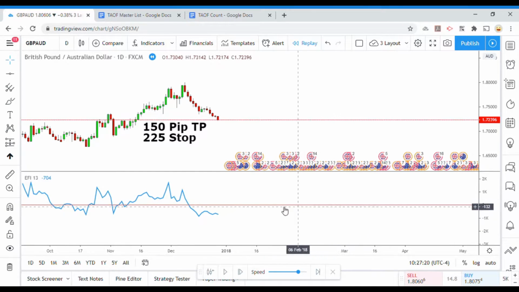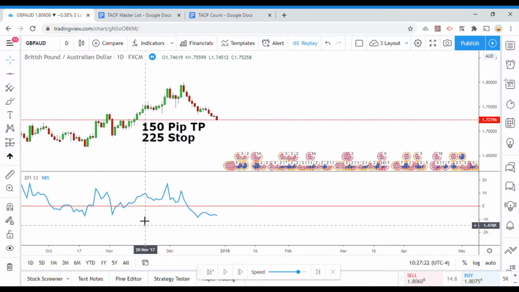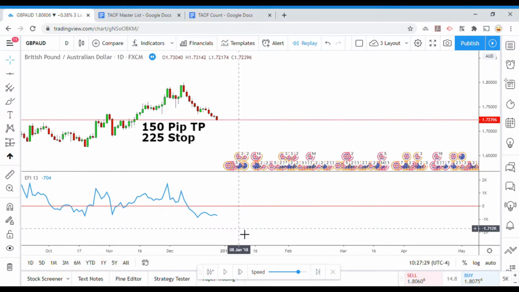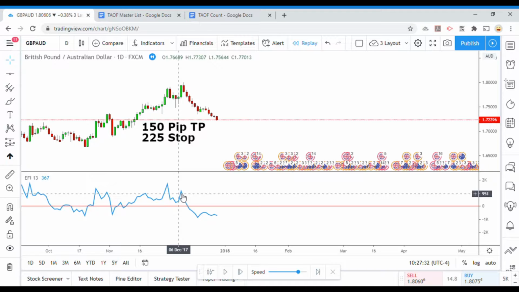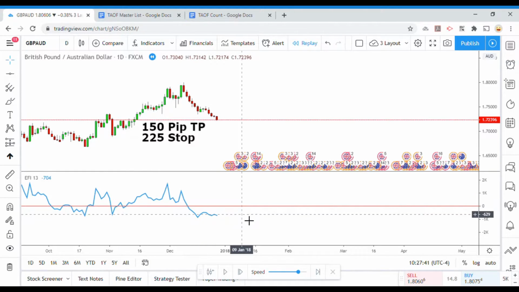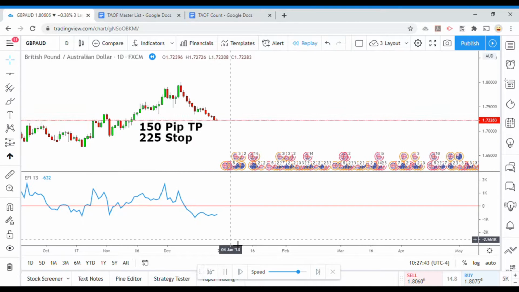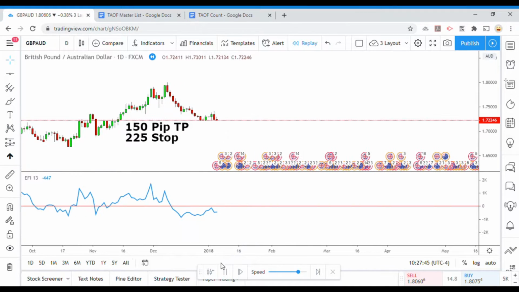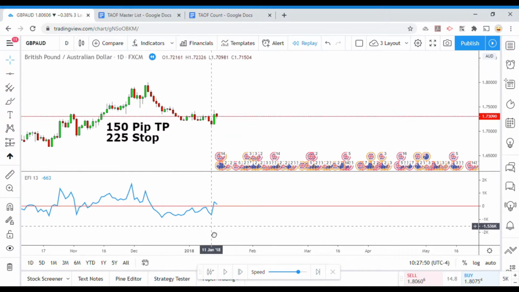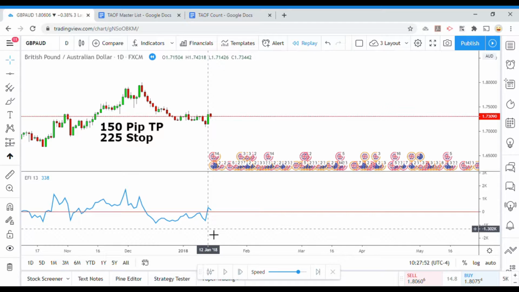It is a zero line cross. We have the blue line here, which is the Elder Force Index, and the red line here, which is the zero line. As the blue line crosses down below the red line, that is a sell signal. As the blue line crosses up above the red line, that is a buy signal. So that's how we're going to test it, and let's get on with the testing now and see what we can achieve with the Elder Force Index.